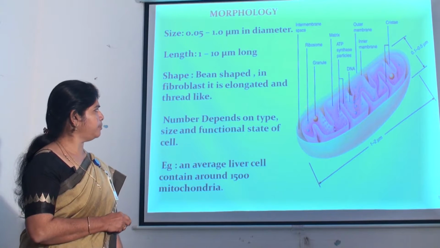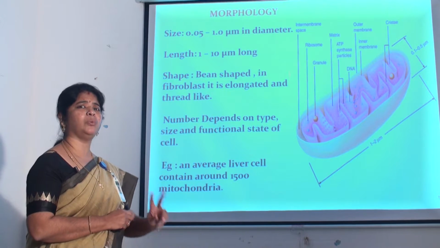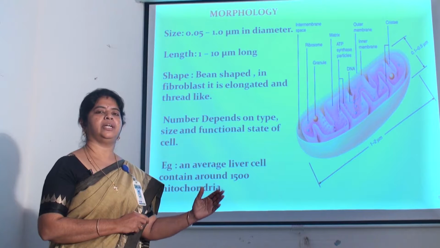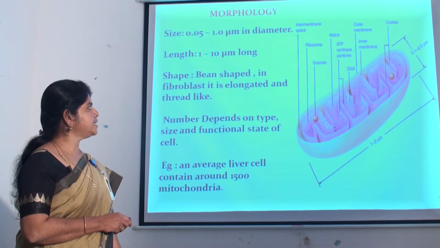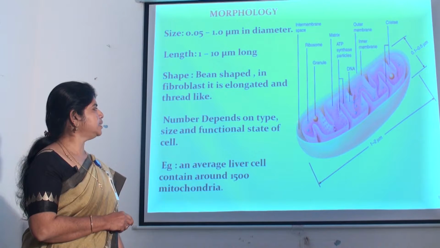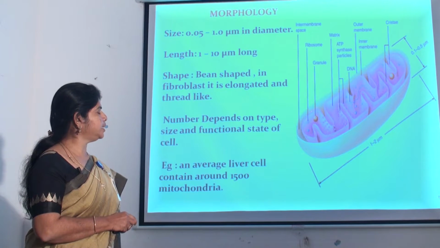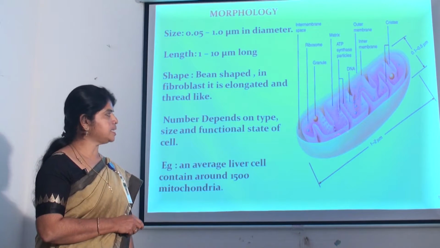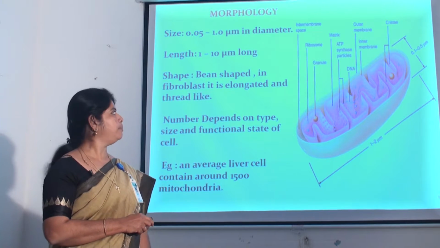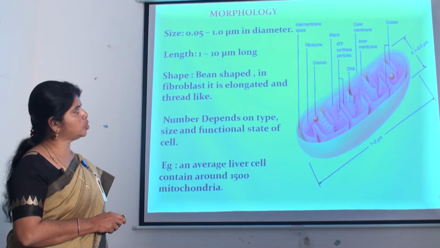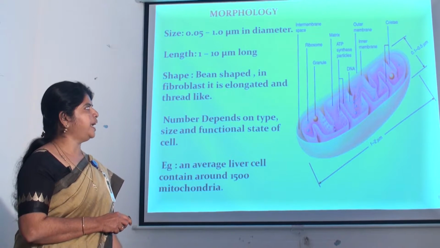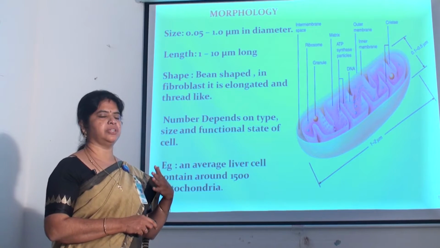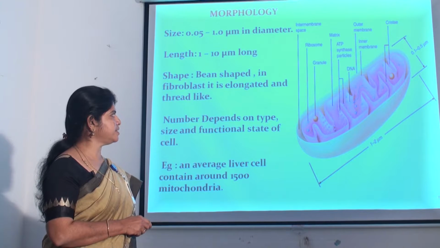The outer limiting membrane is a double-bound cell organelle, not like other cell organelles. It consists of two membranes, and this is the inner membrane. In between the outer membrane and the inner membrane there is a space called the perimitochondrial space, also called the outer chamber. The inner membrane enfolds and gives many finger-like projections called cristae.